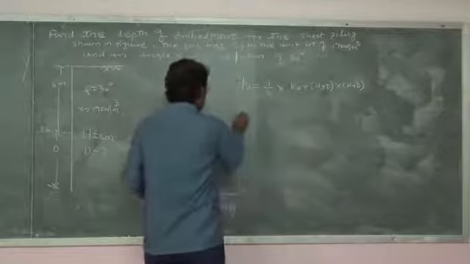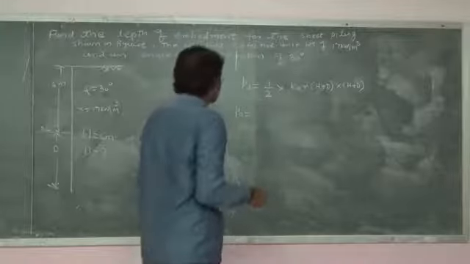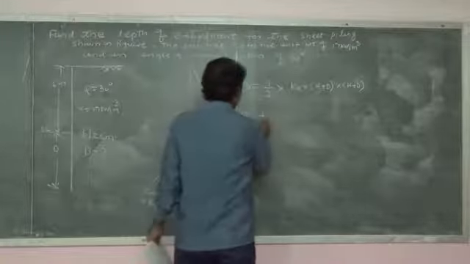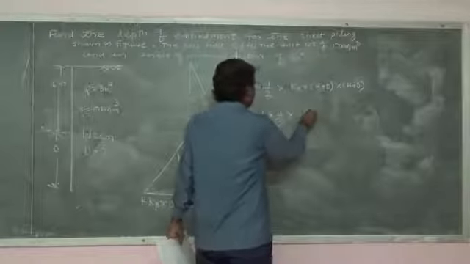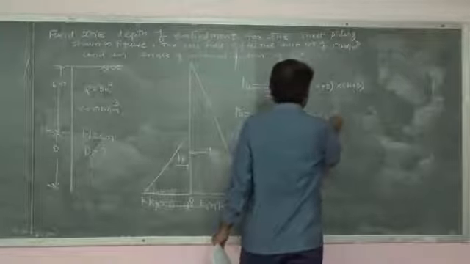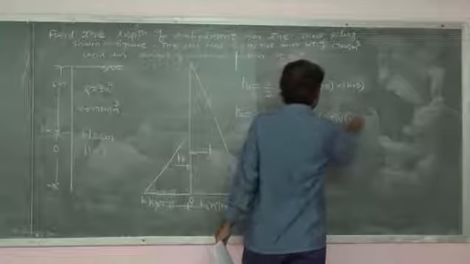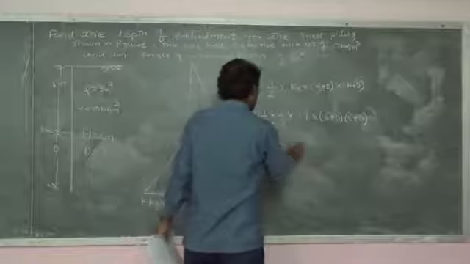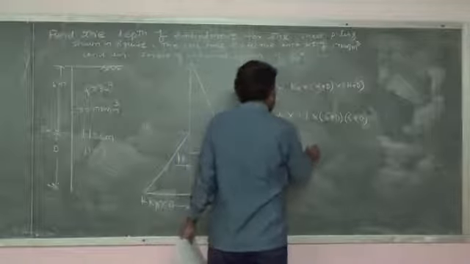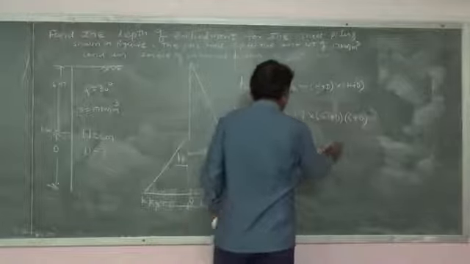So small pa is equal to 1 by 2, Ka is 1 by 3, gamma is 17, H is 6 plus D, again 6 plus D. So pa is equal to 17 by 6 into 6 plus D whole square.